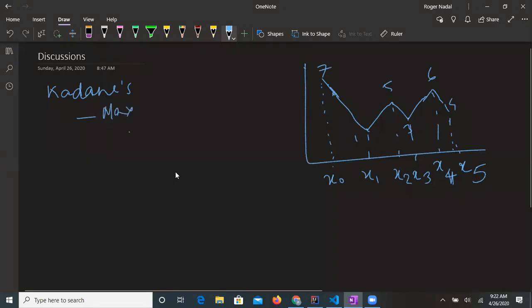Maximum sum subarray. Okay. What I want to calculate in this particular case, eventually I want to get x4 minus x1, right? x4 minus x1.